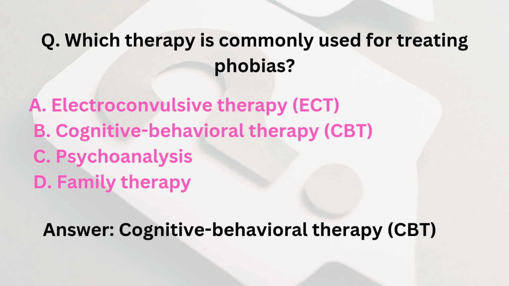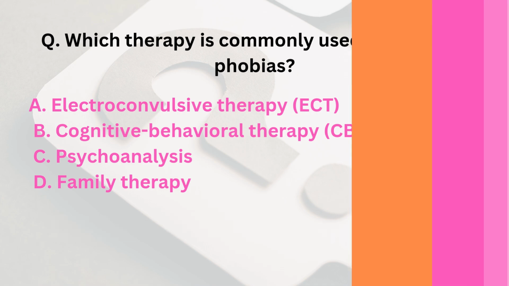CBT is a highly effective treatment for phobias. CBT focuses on thoughts and behaviors. Other options like electroconvulsive therapy, ECT, is primarily used for severe depression and is not used for phobias. Psychoanalysis and family therapy are used for some anxiety disorders, not for phobias.